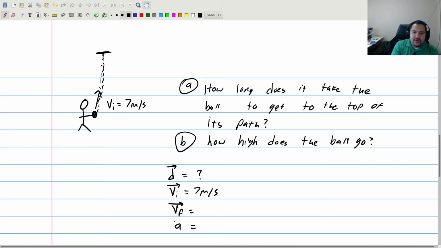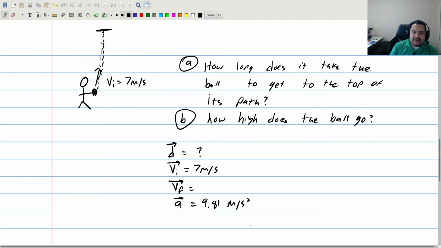A, we know has got to be gravity, and it's 9.81 meters per second squared. And finally, time, we do not know time, that's what we're solving for. So just looking at this, we see we know two of the variables, but we can't find anything unless we know about a third, so we have to think a little bit more about this problem.